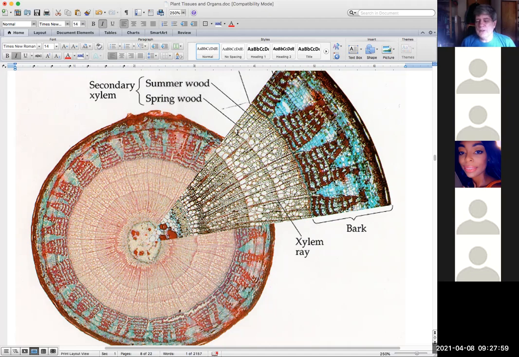So the cells produced early in the year, what's sometimes called spring wood or early wood, those xylem cells are bigger. At the very end of the year, this little dark band that you see is actually very, very tiny xylem cells. So the ring that we see is when we have very small xylem cells right next to very big xylem cells.